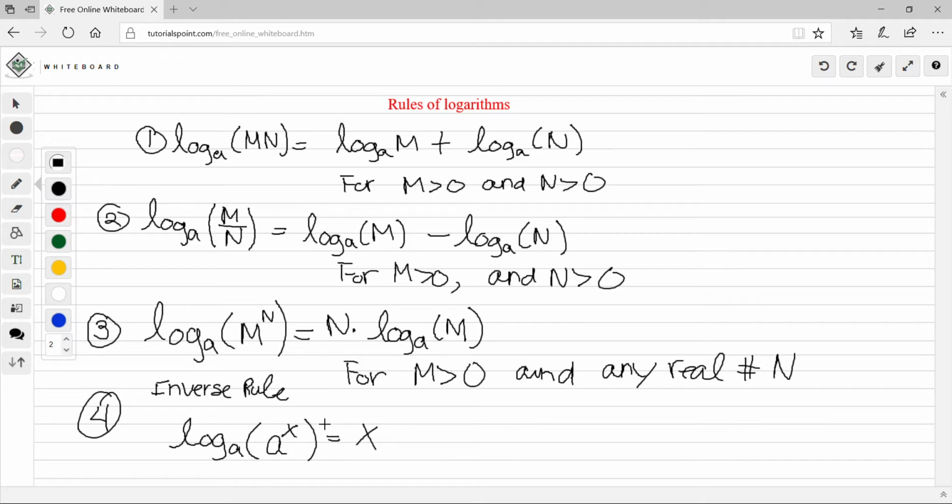The reason it gives you x is because when you apply the inverse of something, they cancel out, right? So this and this cancel and you're left with x. And x should be any real number.